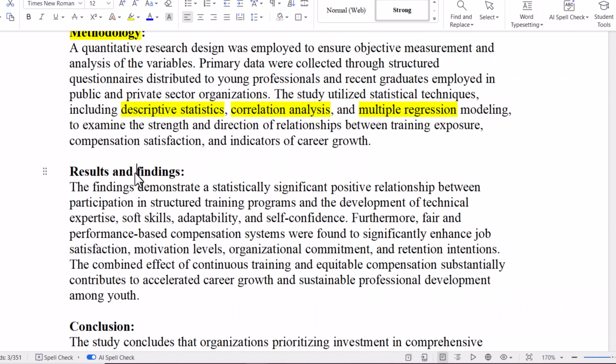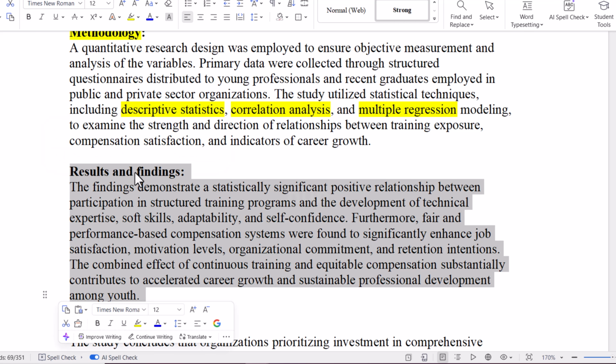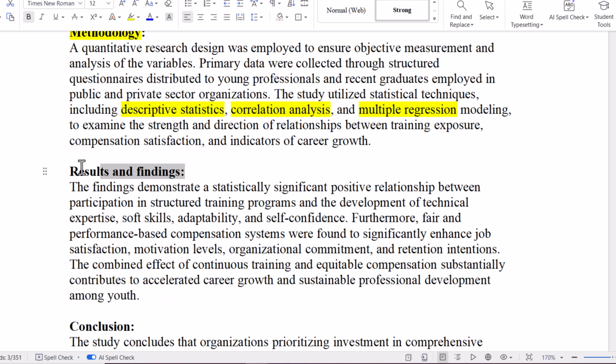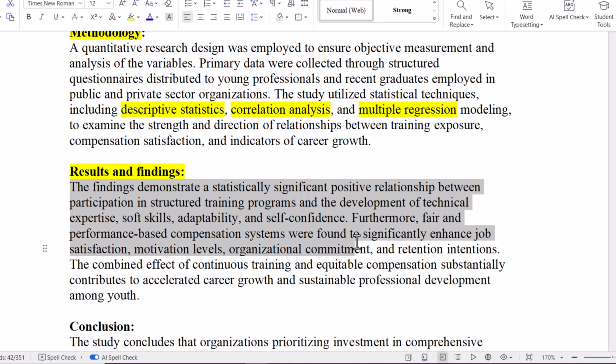The fourth component is key findings. This highlights the most important results of your study. For example, the findings demonstrate a statistically significant positive relationship between participation in structured training programs and the development of technical expertise, soft skills, adaptability, and self-confidence.